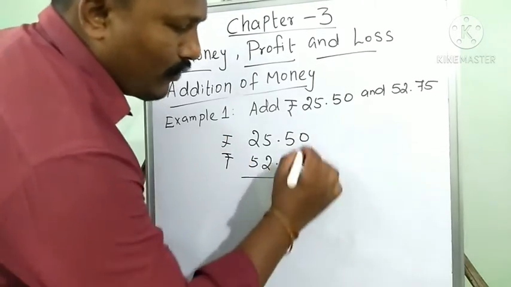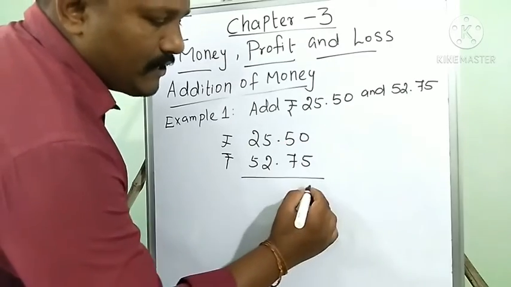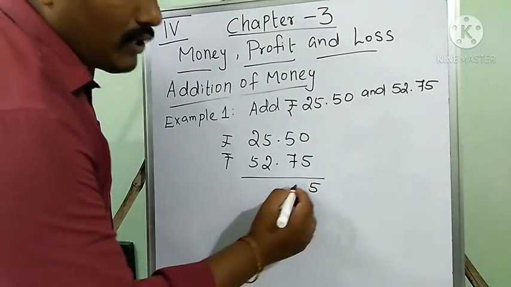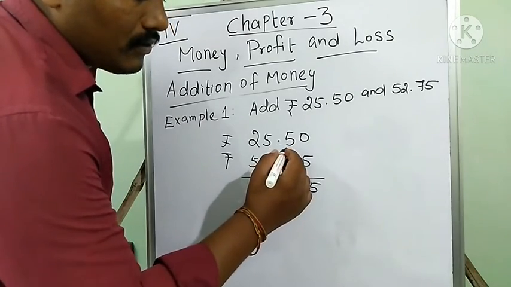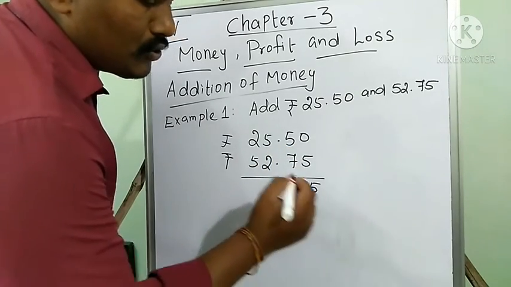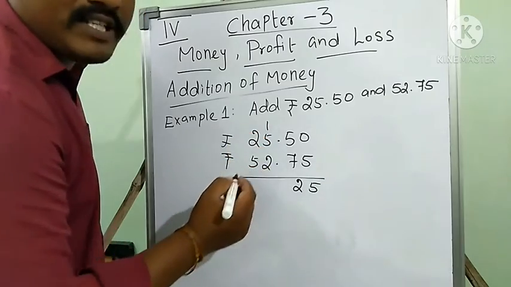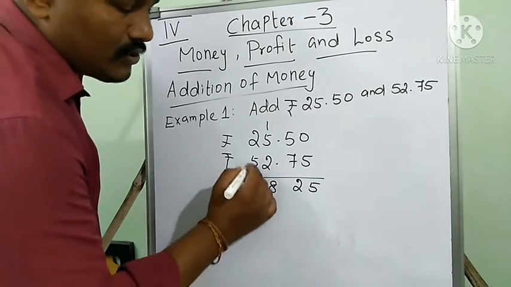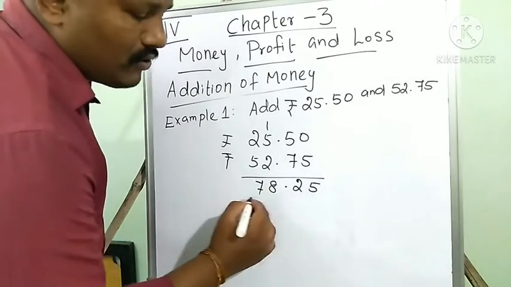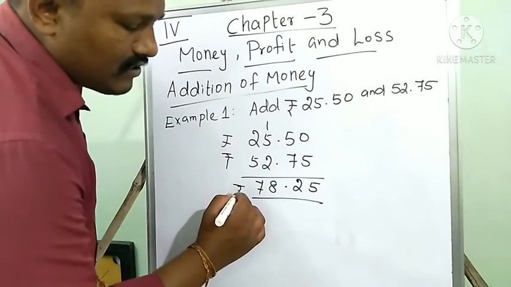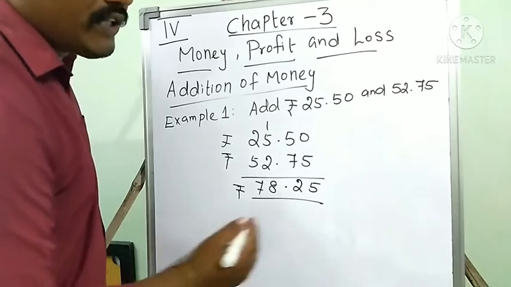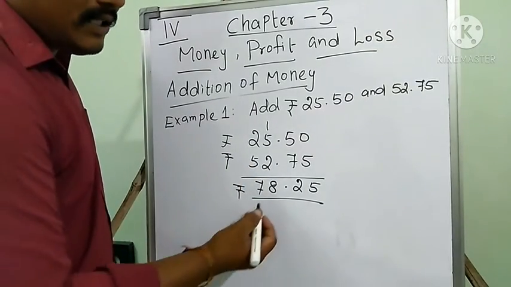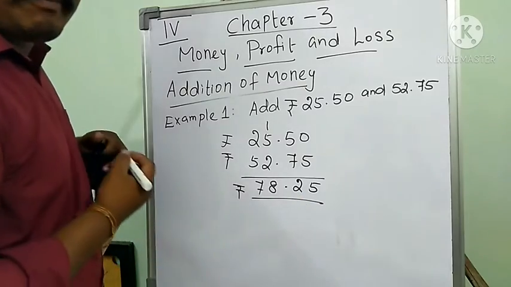If you add 0 plus 5, 7 plus 5, 12, 2 remainder 1, so 5 plus 1 is 6, 6 plus 2 is 8, then 5 plus 2 is 7. So how much rupees? 78 rupees 25 paise.